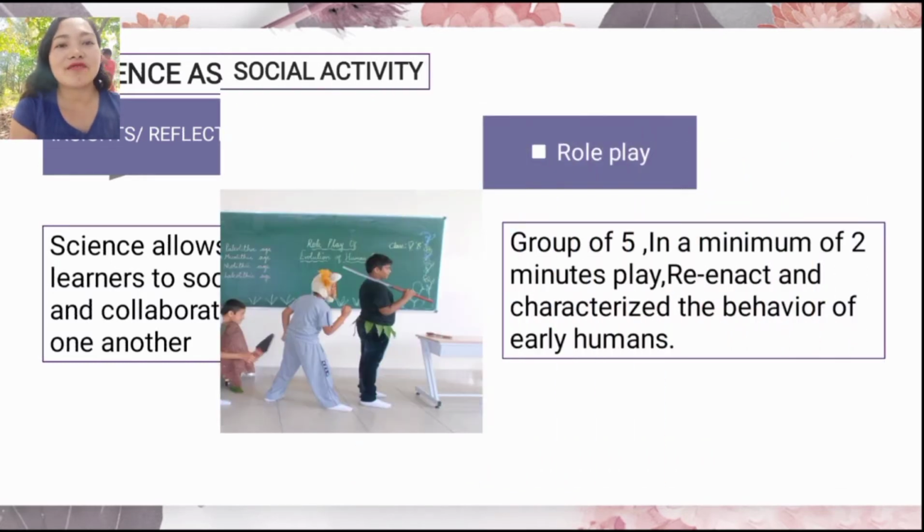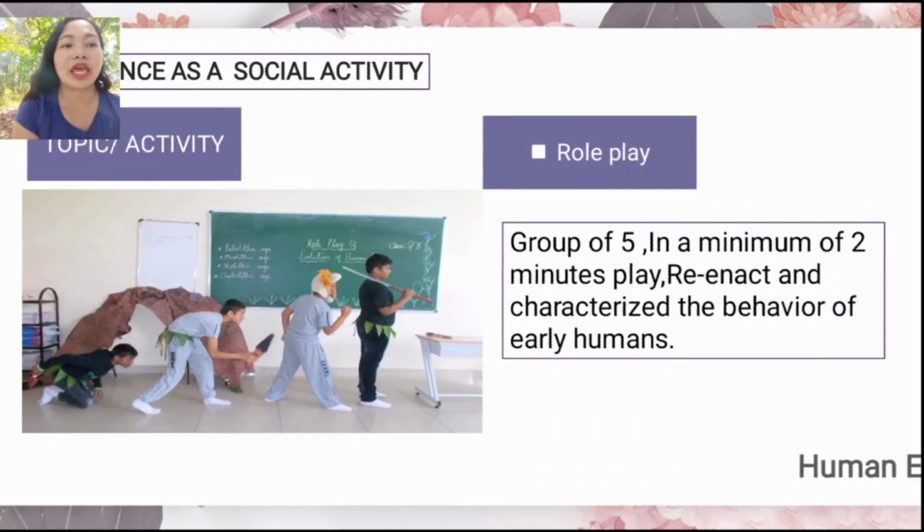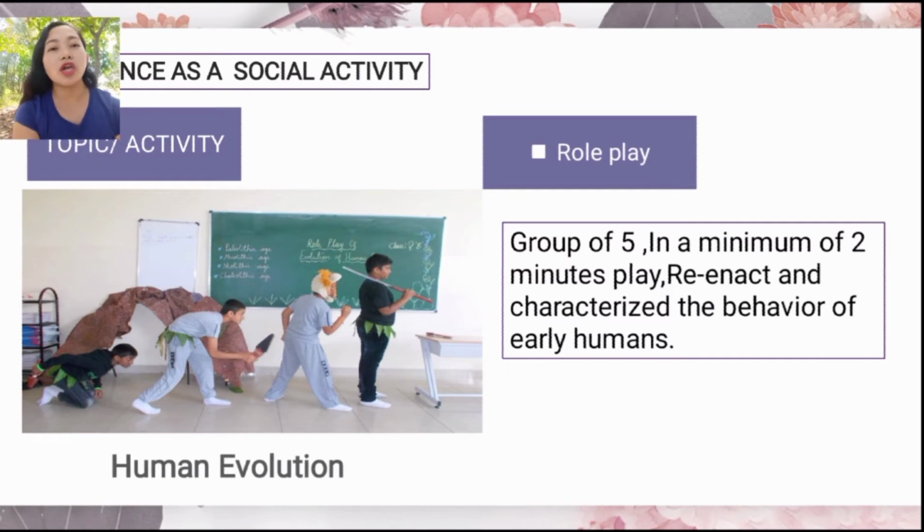So for this activity, I'm going to give them a role play activity. So why a role play activity? Because this involves collaboration, teamwork to create a plot, or what they would do. So the topic that's very suitable for that role play is, I guess, human evolution.